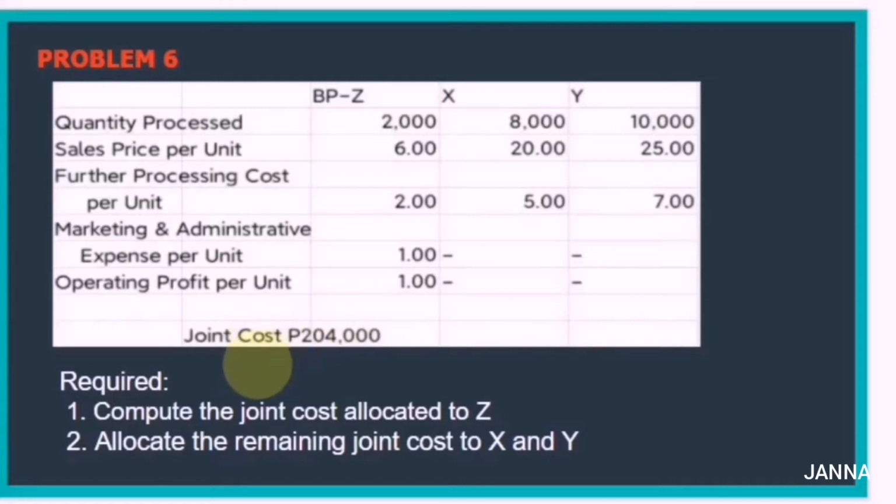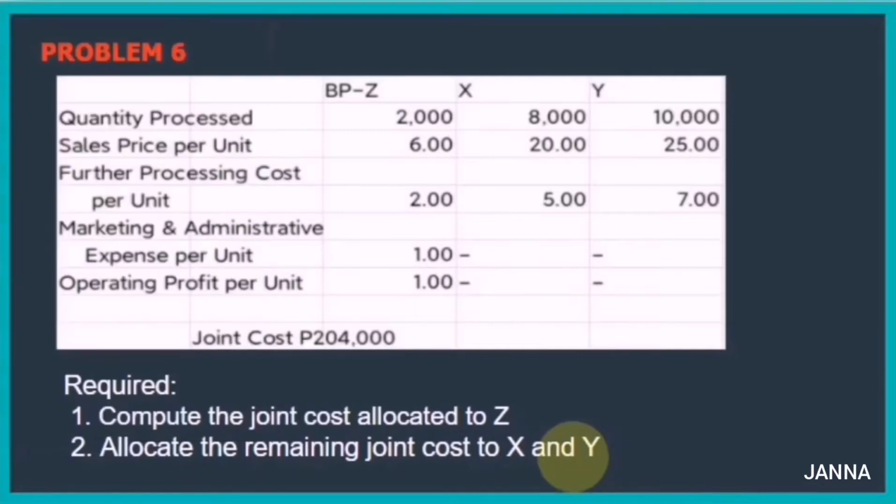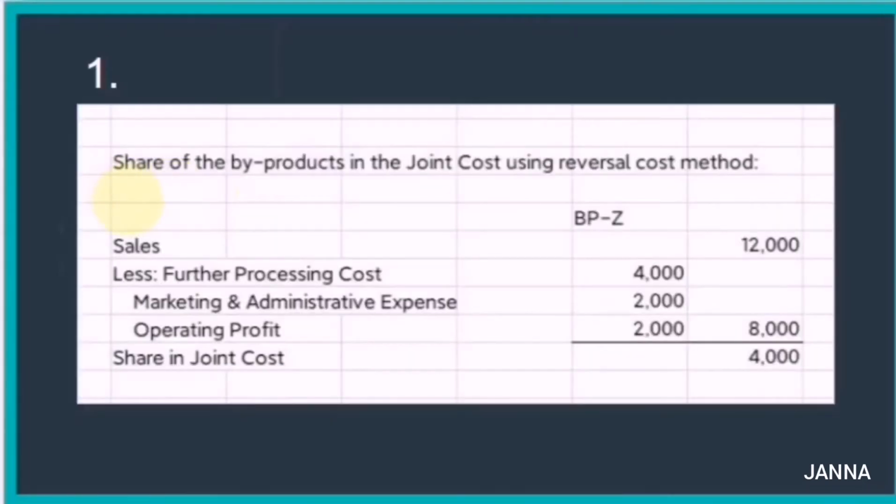So remember, sabi sa problem, joint cost is amounting to 204,000 pesos. So the required, first, compute the joint cost allocated to Z, and second, allocate the remaining joint cost to X and Y. So for the first solution, we have share of the byproducts in the joint cost using reversal cost method.